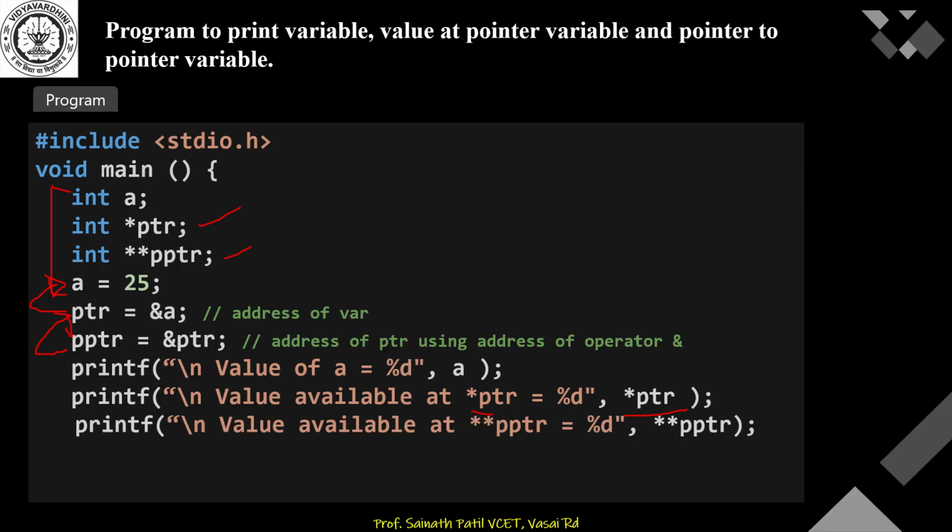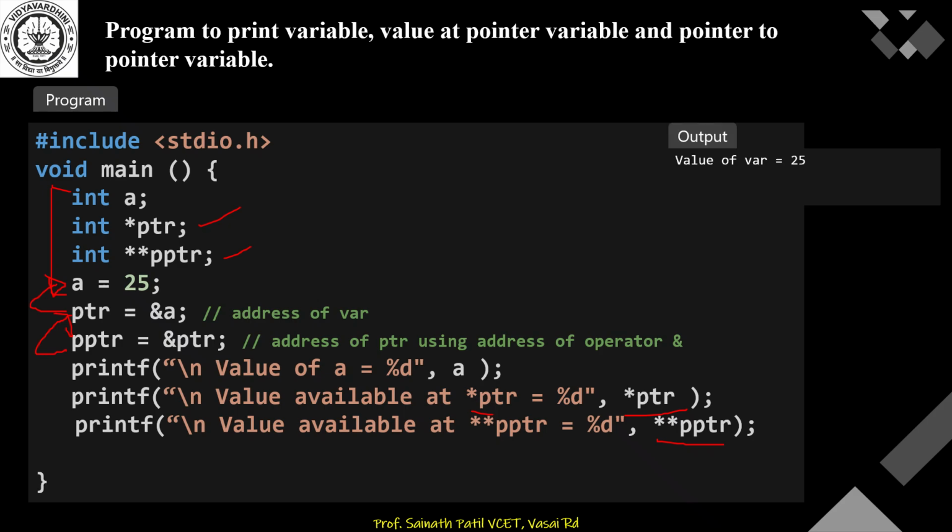Then printf value available at **pptr is equal to %d, **pptr, that is the double value at pptr. So pptr is the pointer. So the value at pptr is a pointer, that is the single pointer, and the value at that pointer is the original variable.